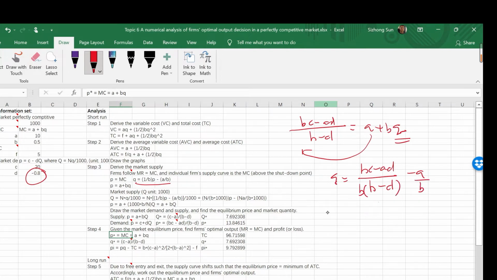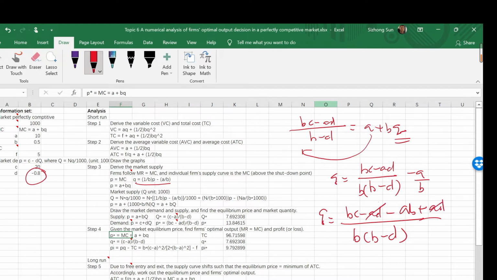Right. So Q, let's simplify the terms. BC minus AD minus A times B minus D, over B minus D. And A times B minus D we can write as AB minus AD.